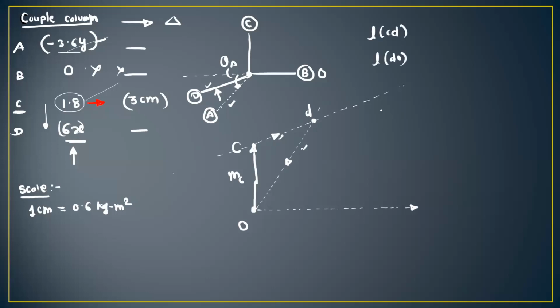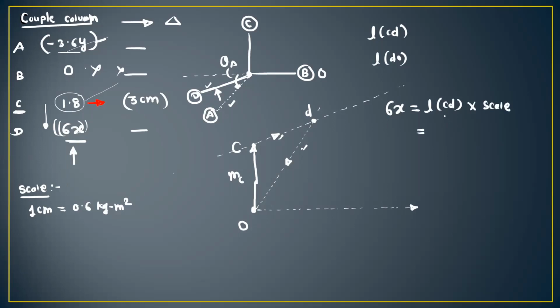Okay. So this value, that is for D, which is 6x, is equal to the length of vector CD into scale.